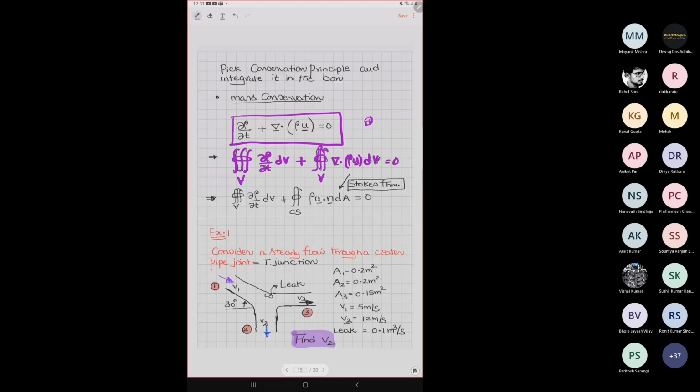This is the principle we are going to apply. The infinitesimal thing, if I pile it up throughout that control volume, mathematically we will write it this way: volume integral del rho by del t dV plus volume integral del dot rho u dV is equal to 0.